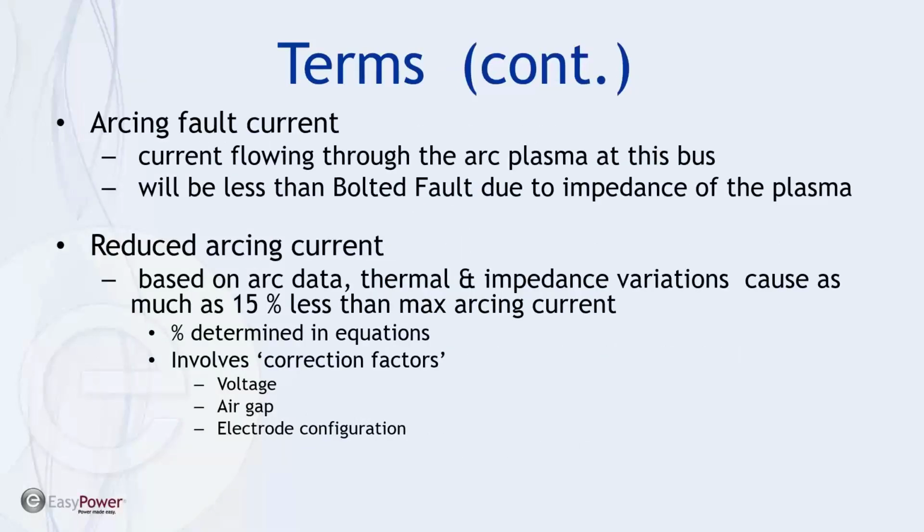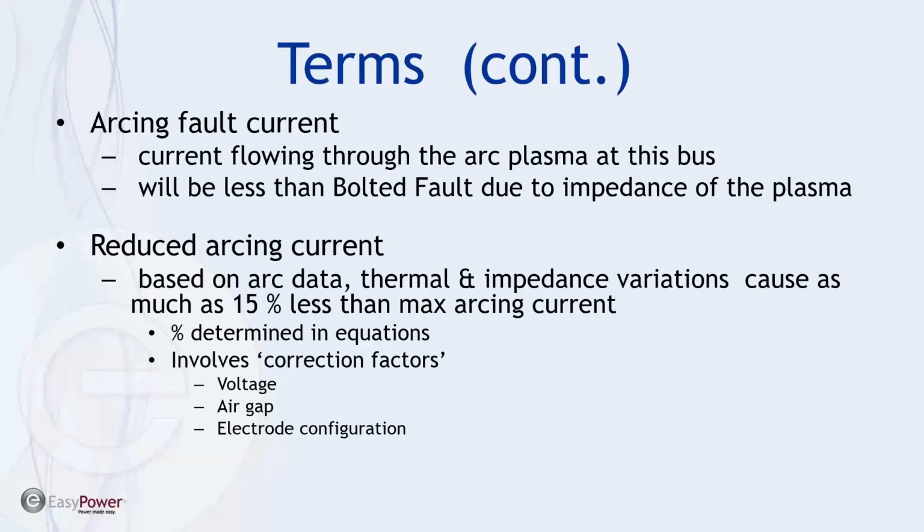Then the arcing fault current is the current that's flowing through the arc plasma. Just by definition, it will be less than the bolted fault current. So again, the worst case current is always going to be the bolted fault current, and arcing current will be something less. You'll see in the evolution of the standard, actually originating in 2002, that there's a recognition of the variability, either due to thermal properties or electrical properties.